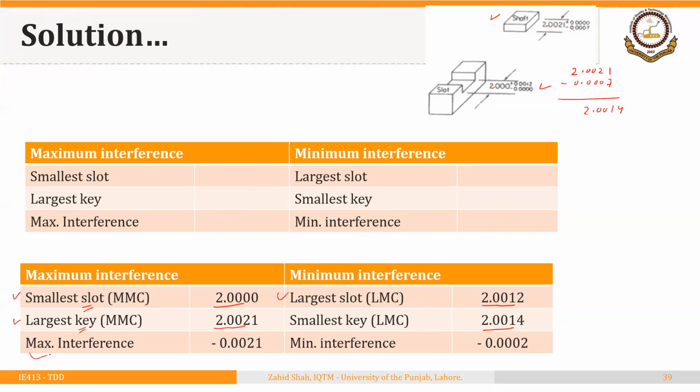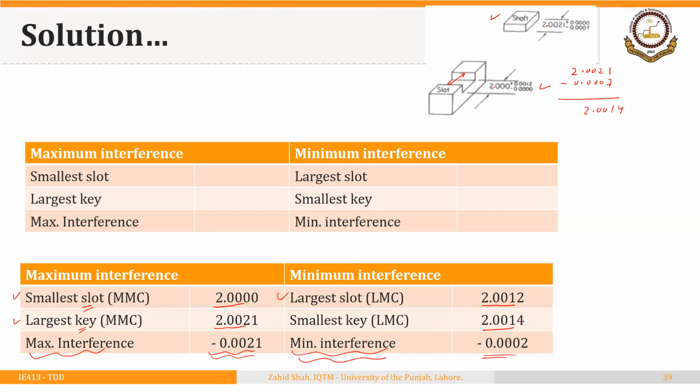The difference of the sizes when we are making the smallest hole or slot and the largest key will give us the maximum interference, and that is minus 0.0021. And once we have the largest slot and the smallest key, then the interference that we will get is the minimum interference, and that will be equal to minus 0.0002.